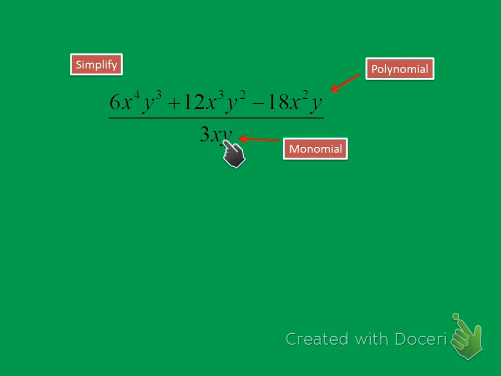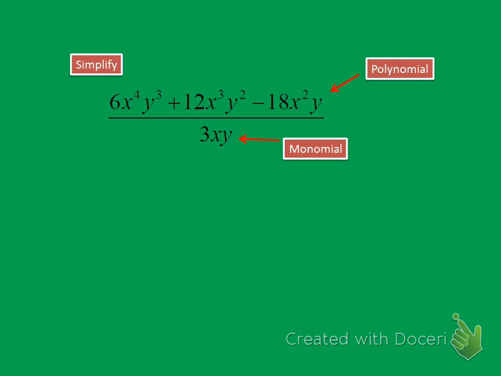Your denominator is a monomial, right? One term, 3xy. Now, just like the other day, when you simplified a monomial over a monomial, you did your exponent rules. Everybody remember that? Same thing here, except this is your common denominator of 3xy.